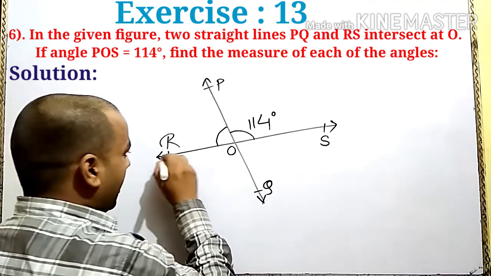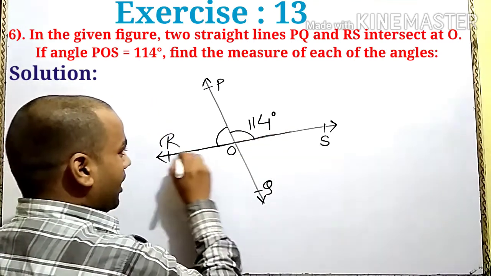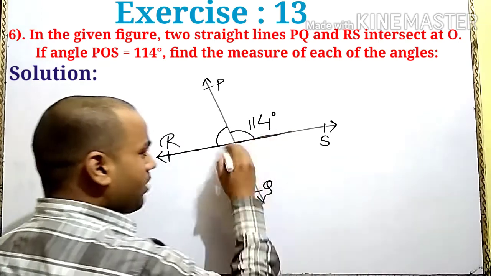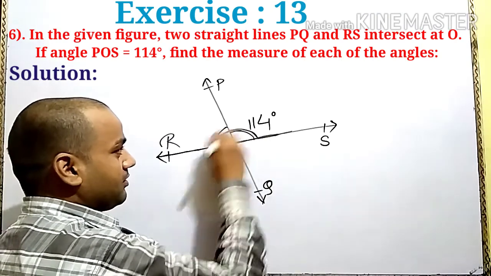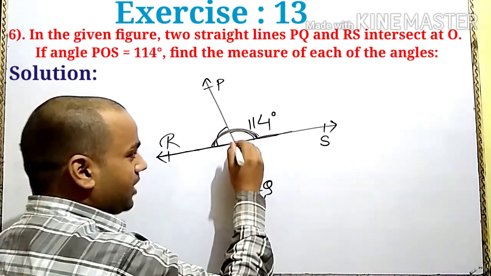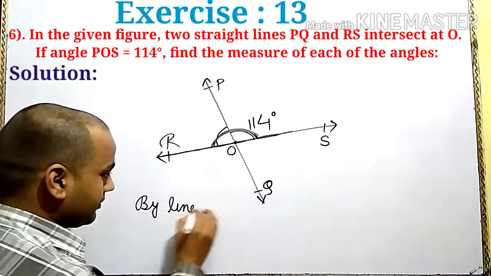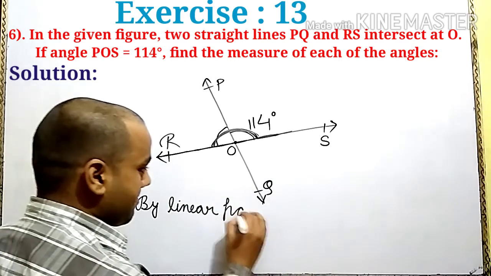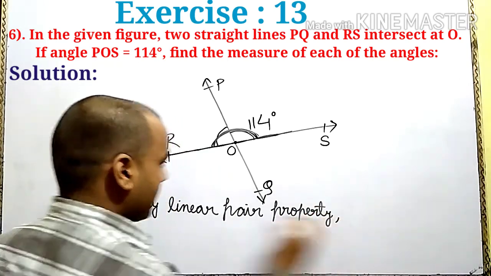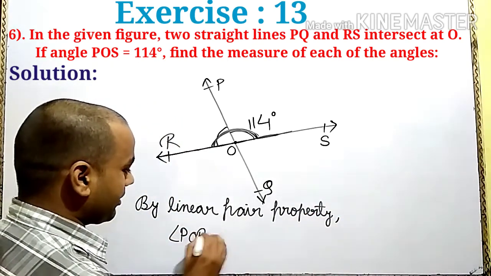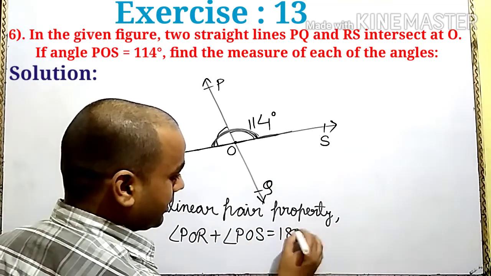So here RS is a line. So the sum of all angles formed on one side at a given point is 180 degree, means by the linear pair property, angle POR plus angle POS is equal to 180 degree.